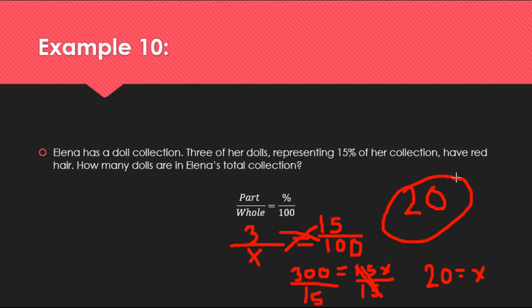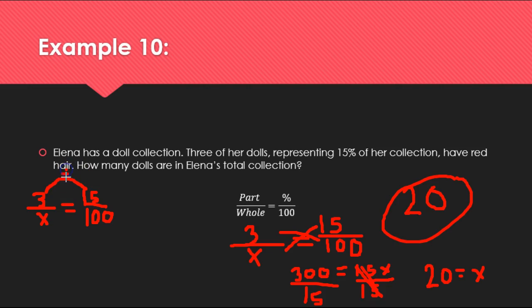Now, another way I could have solved this one, even setting up the problem just like it was, having my 3 over the unknown, my total collection, equal to my 15 over 100. In this case, I could use the equivalent ratio, and I could have seen that I could divide 15 by 5 to get the 3.